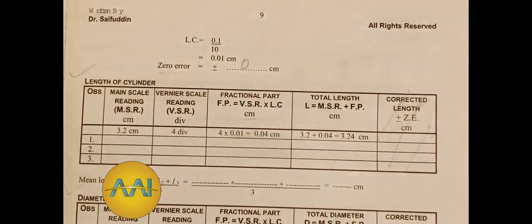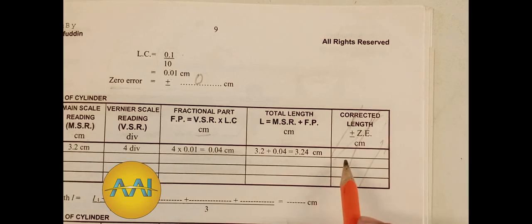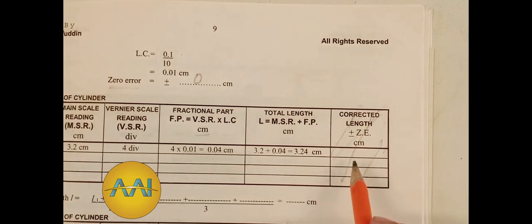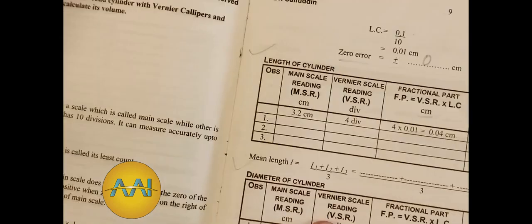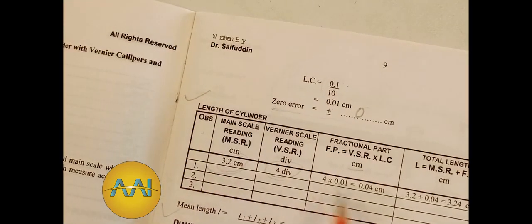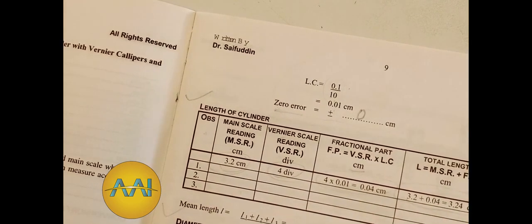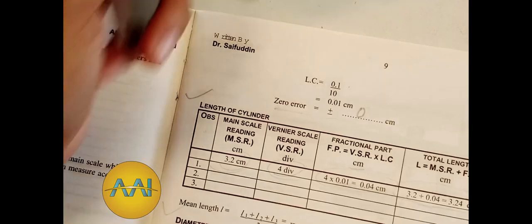Otherwise, if you found the error and don't do this, your reading will be wrong. These are the sample readings; you don't need to write this, it is for our help. So we will do this for our practical.